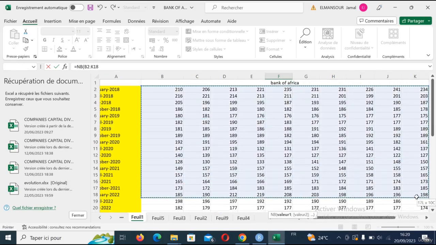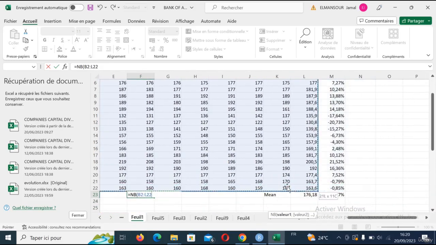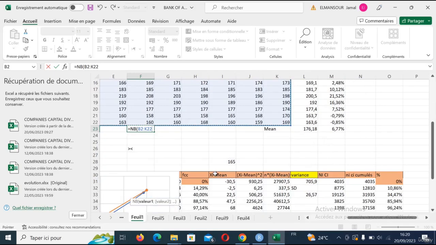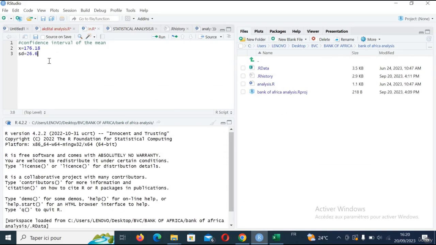We're going to select all these values right here and press enter. It's 210 values. We're going to enter here N, it's 210.